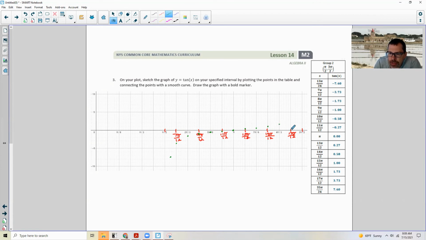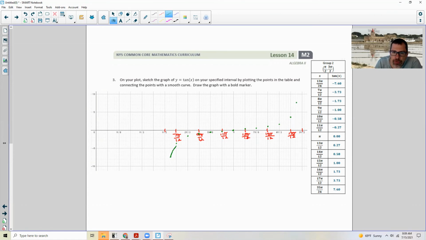And 17 pi over 12 is 1, 2, 3, and almost 3/4, which would be here. And then 35 pi over 24 is halfway between these two. And that gave us 7.6. So 10, 9, 8, 7, a little bit more than a half would be about there.